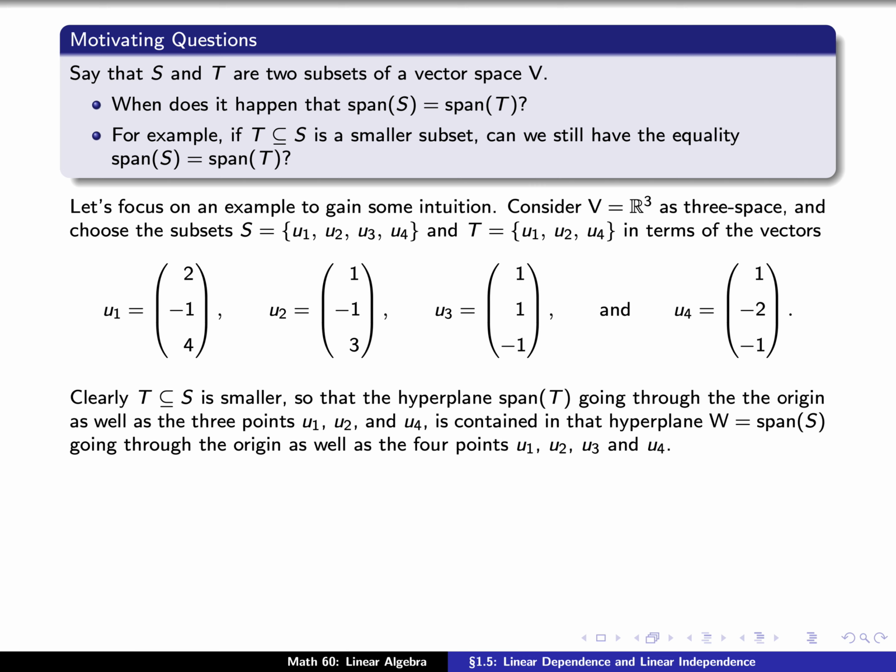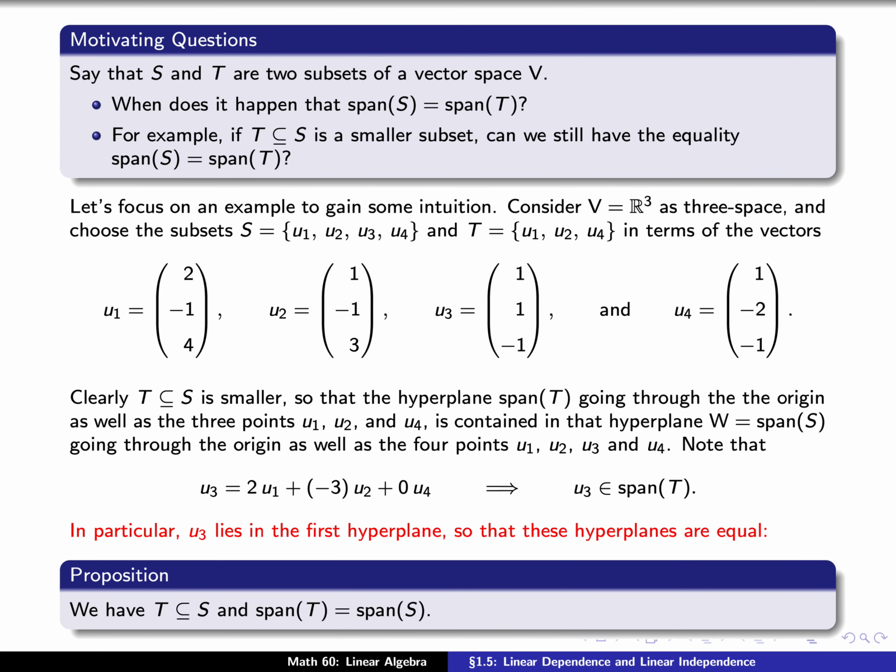So it should be clear that if you have a space in which you can move in three directions, that'll be contained inside of a space where we have more degrees of freedom, more directions we can move in. Hence, the span of T is contained in the span of S. But we note something else. The vector u sub 3 is a linear combination of u sub 1, u sub 2, and u sub 4.